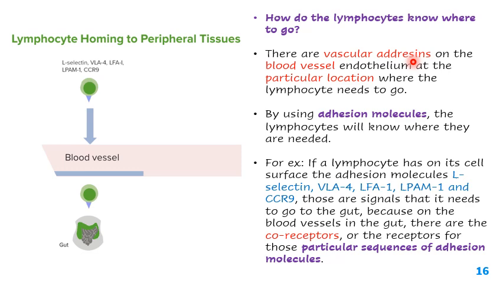Okay, so the dendritic cell is like, I have seen a worm in the gut. So the dendritic cell goes to the lymph node and tells the T cell, look, there is a worm out there in the gut. So you're going to have to upregulate certain types of receptors because you're going to have to figure out where the gut is, and you're needed in the gut.